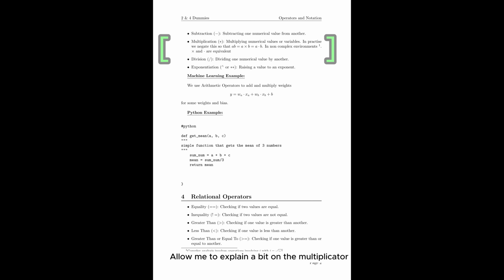I'm going to explain a bit on the multiplication operation. This is simply denoted by AB. In this case we ignore the operator and we just write it as AB, which is equal to A times B, which is equal to A dot B.